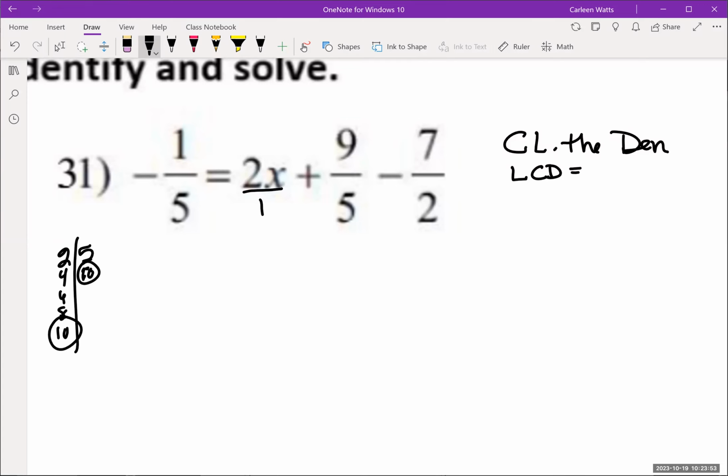The least common denominator is 10. So we are going to multiply everything by 10 over 1. I'm not going to put the ones.